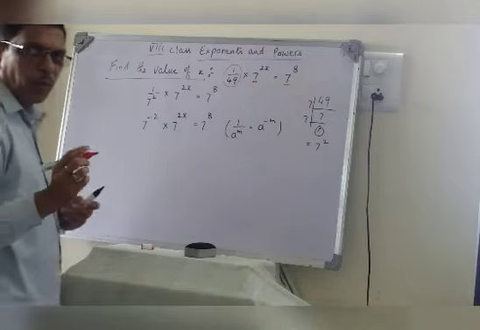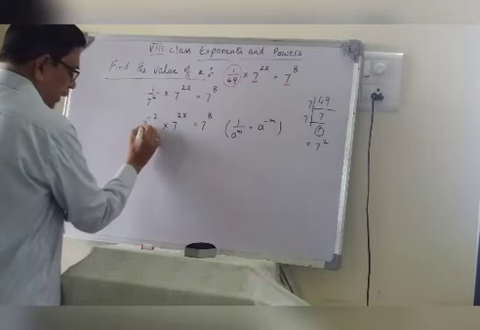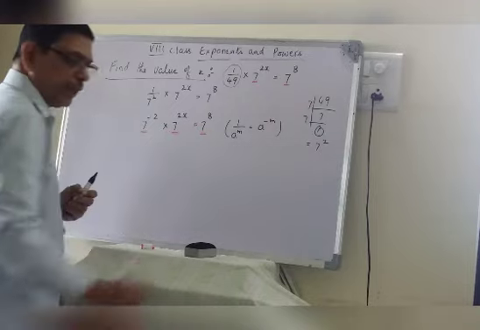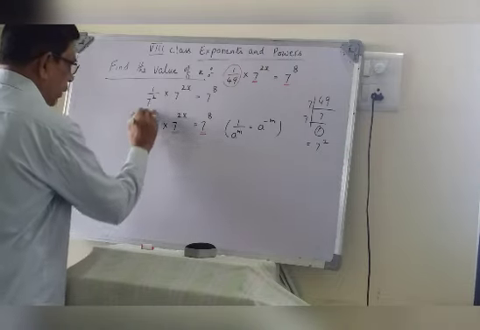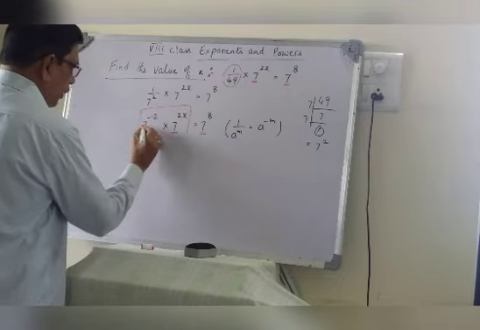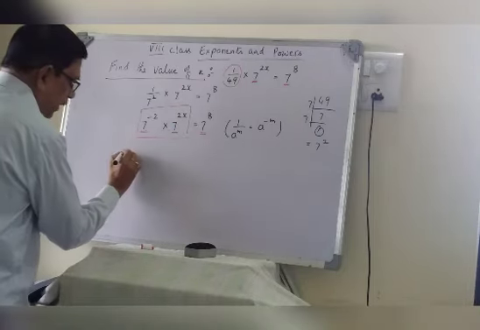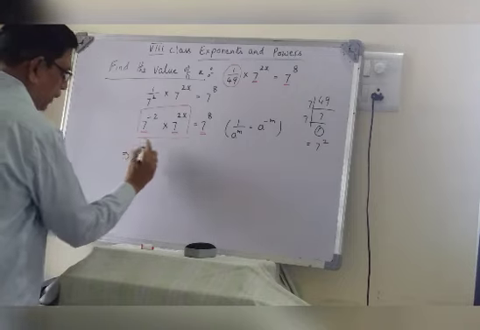Now if we look at the problem carefully, what do we understand? The bases have become equal. Here the base is 7, here also the base is 7 and here also the base is 7. Is it clear? Now up to this part, this is in the form of a to the power of m into a to the power of n. So we can write it as a to the power of m plus n.